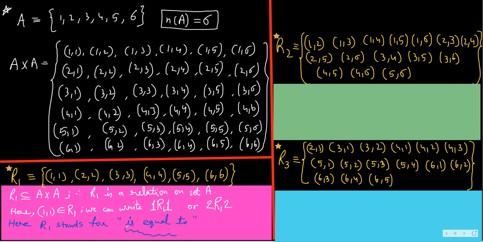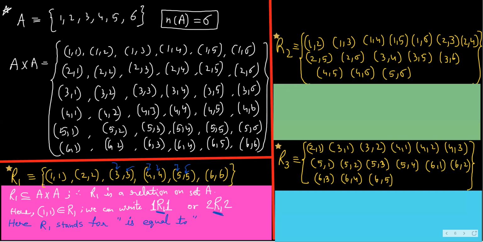You can check, it stands for is equal to. See here, you wrote 1 R1 1. Now where you have R1, I want you to read is equal to. You have here 2 R1 2. Where you have R1, read is equal to. So see what you will have: 1 is equal to 1, 2 is equal to 2, 3 is equal to 3, 4 is equal to 4, 5 is equal to 5, 6 is equal to 6.